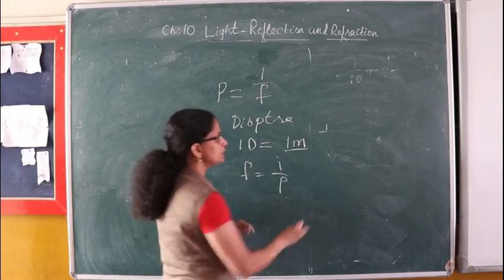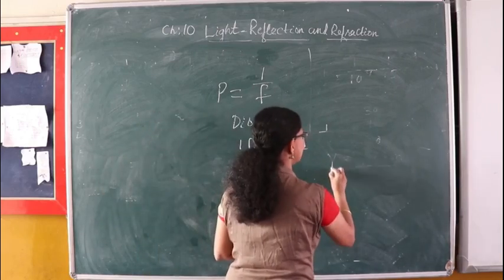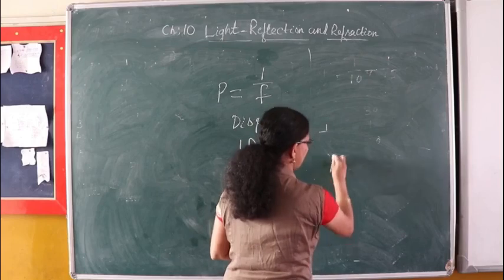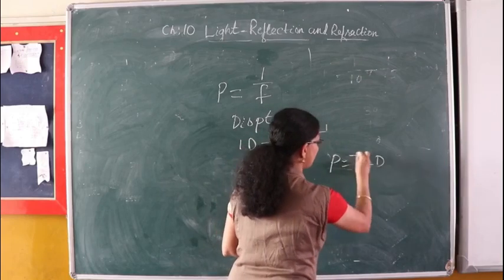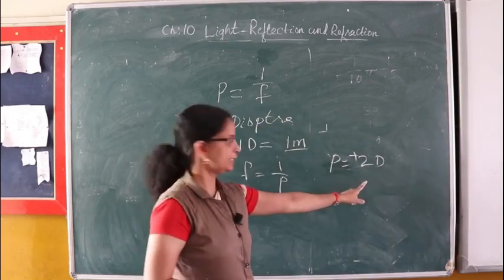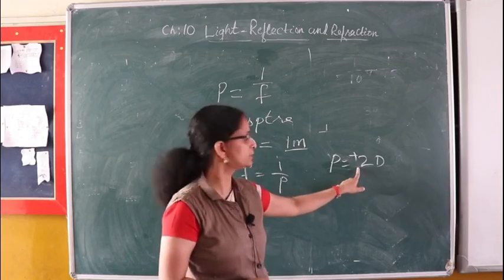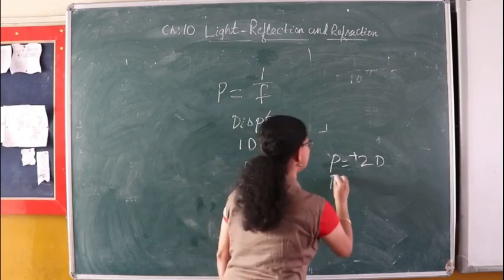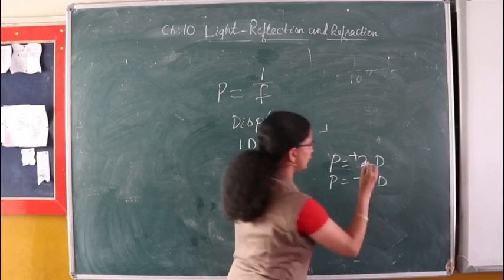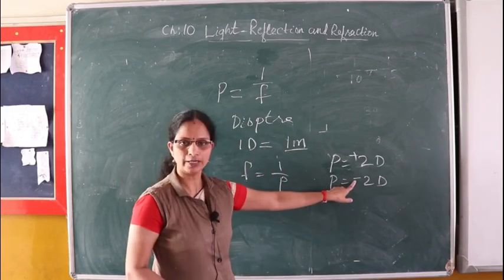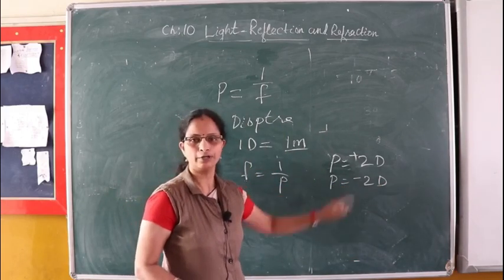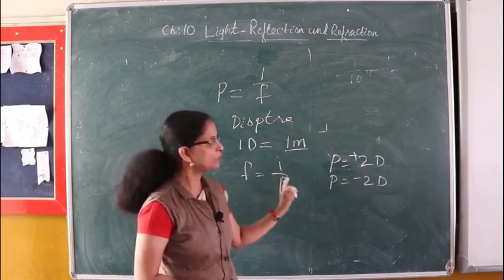If the power of a lens is given with a plus value, say plus 2 diopter, it shows that the lens is a convex lens. And if it is given as minus 2 diopter, the minus sign shows that the lens is a concave lens. So this is about the power.